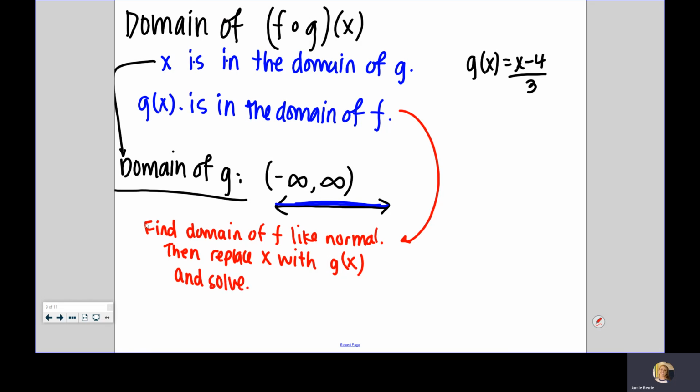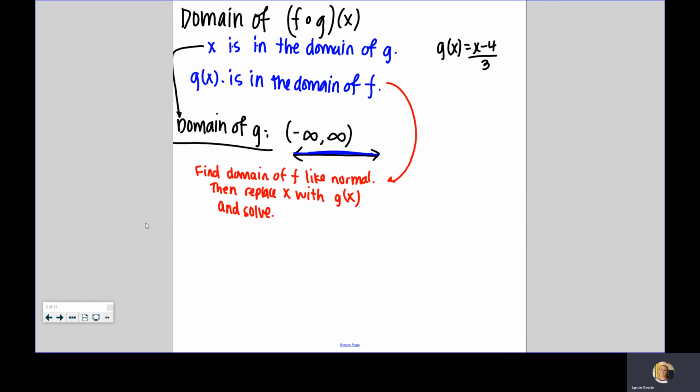And that'll tell us our domain of f, because instead of plugging in x, we're plugging in g of x. So that's why we're replacing x with the formula for g of x. Okay, domain of f.